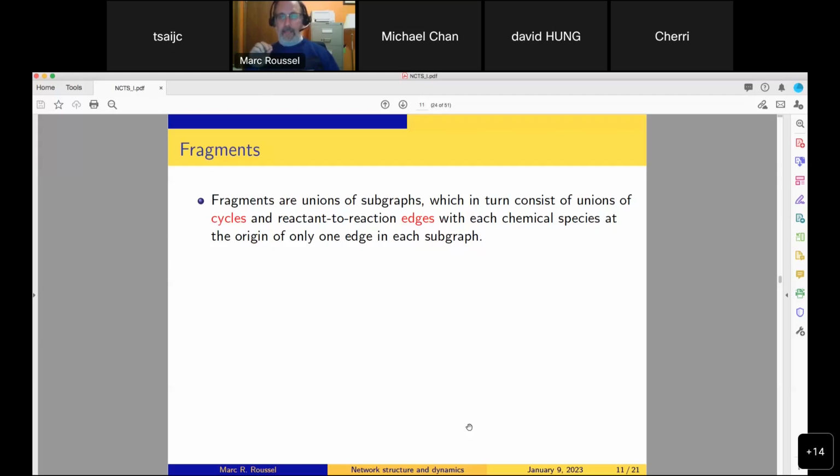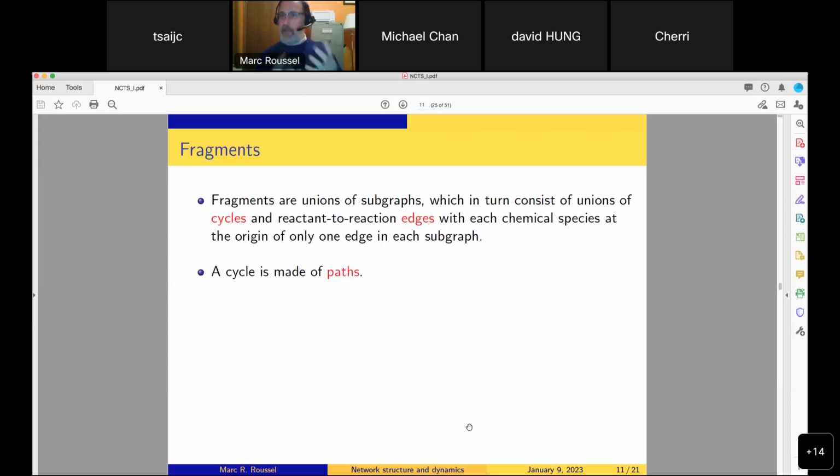And the idea is that in a cycle or an edge that you're going to include in a subgraph, each chemical species appears at the origin of only one edge. So you're always going to have an arrow going from any given chemical species to a reaction, but you're never going to have two arrows coming out of one chemical species in a subgraph that belongs to a fragment.